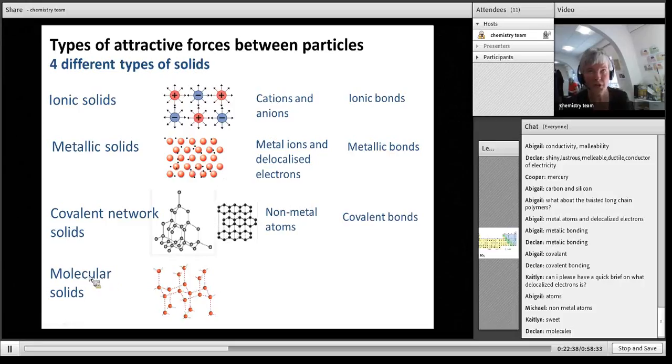Then you've got to work out, is that a covalent network solid, or is that a molecular solid? But as I say, as a clue, it tends to be carbon and silicon. That's here. So SO2 would fit under here, and Si for silicon, SiO2 would fit under the covalent network.